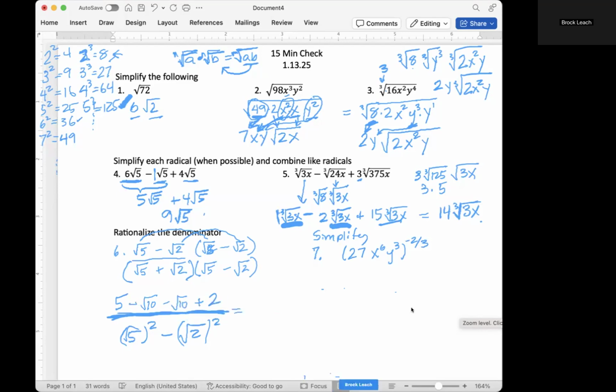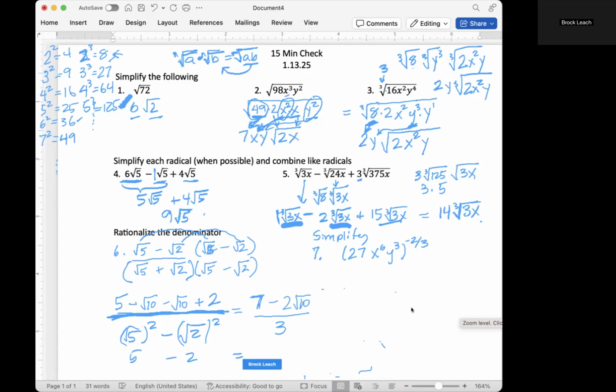Well, 5 plus 2, let's go ahead and add those together. The numbers can be added. So we have 7 minus 2 roots of 10. And this is all over, this becomes 5 minus 2, so all over 3.